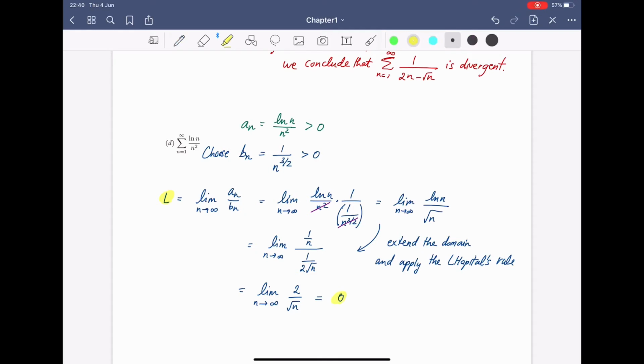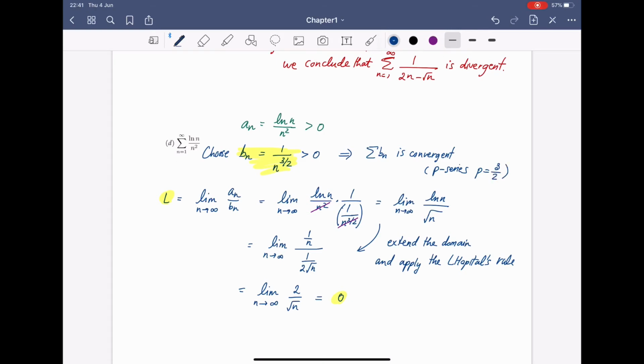But luckily, you have your Bn to be this thing. So this thing implies that the summation of Bn is convergent, right? Because this is a P series where P equals 3 over 2.